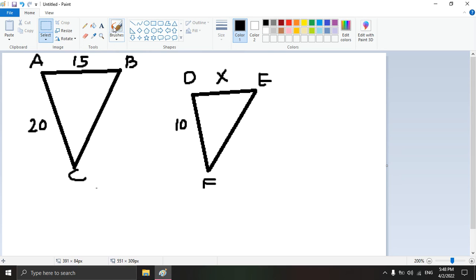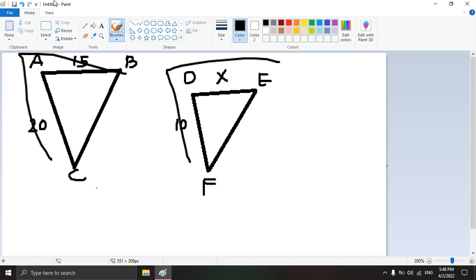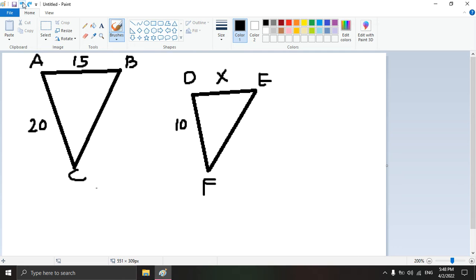For the third method, the procedure is the same. We're going to use again the ratio and proportion.